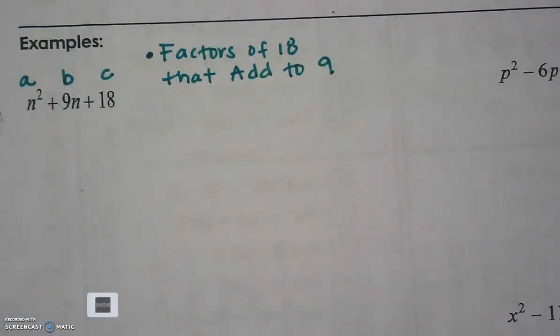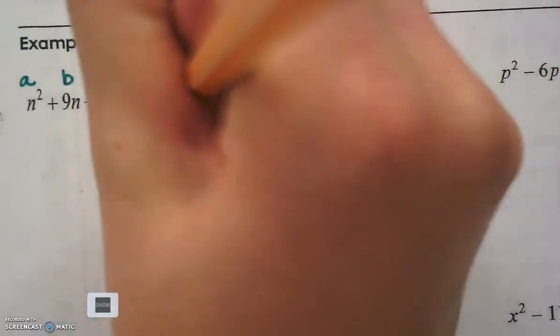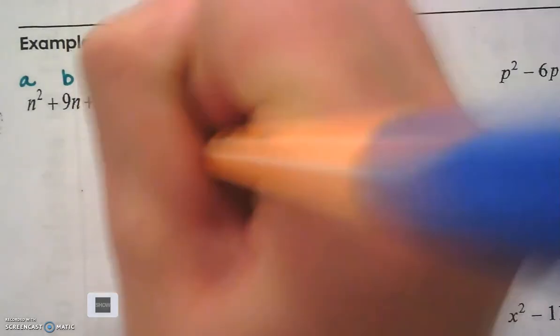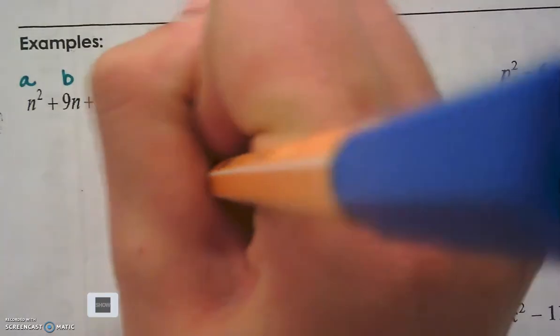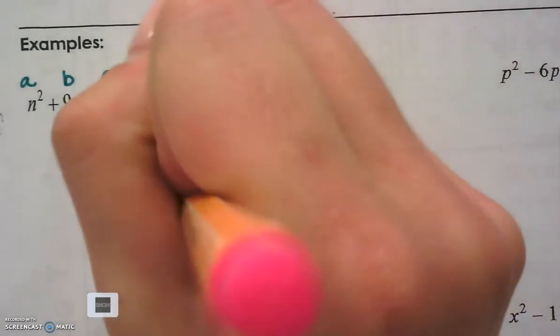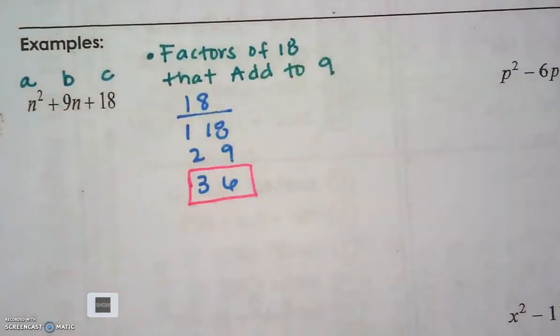So let's list the factors of 18 that should be going on in our brain. We know 1 times 18, 2 times 9, 3 times 6. As you list these factors in your brain, you're choosing one that could help me get to 9. Well, you should notice that 3 plus 6 is 9.